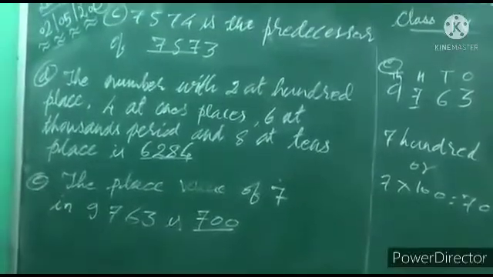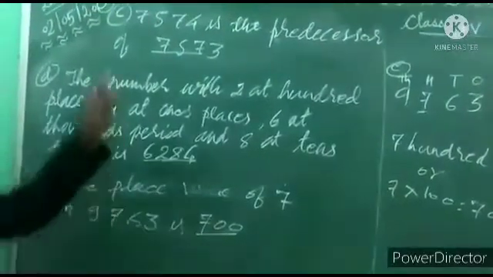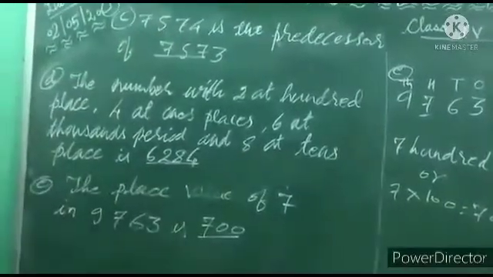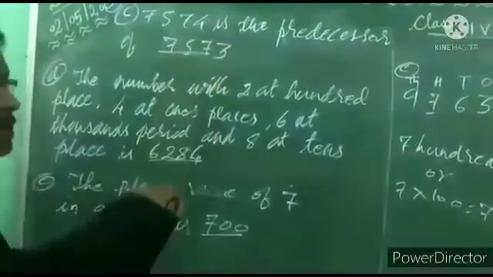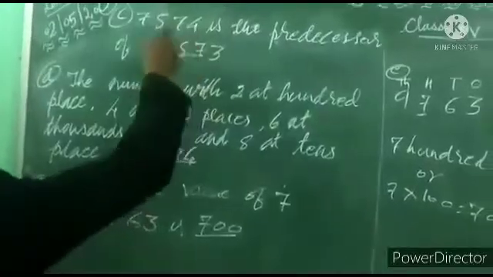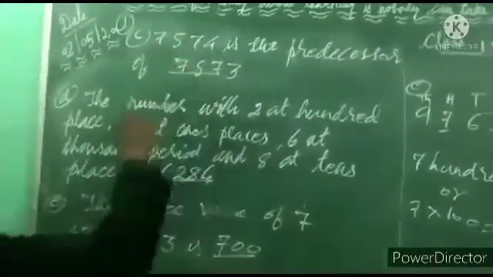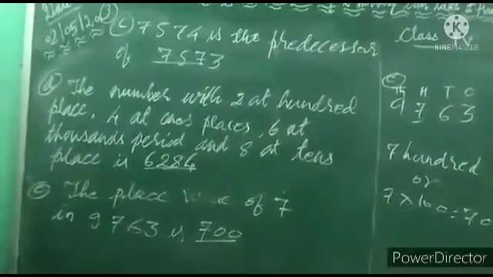Understood these three examples? Again, one time I will explain. 7,574 is the predecessor of. Predecessor means previous number, or otherwise minus 1. So before 7,574 we get 7,573.